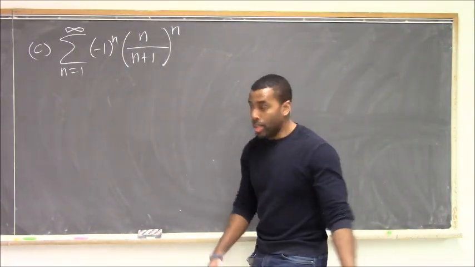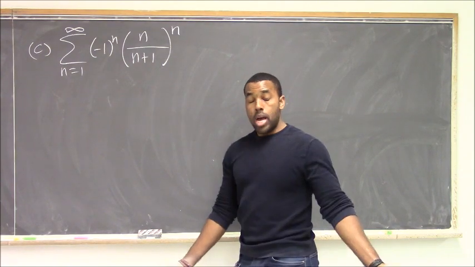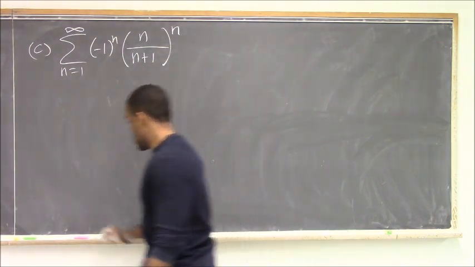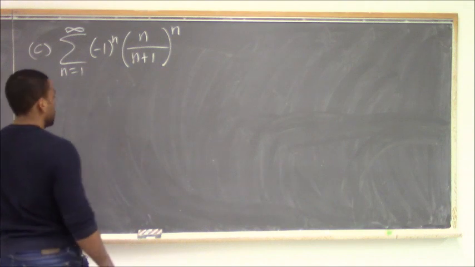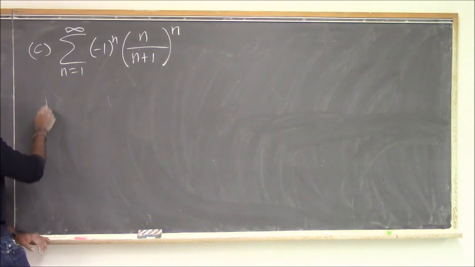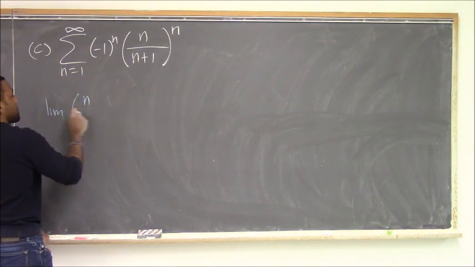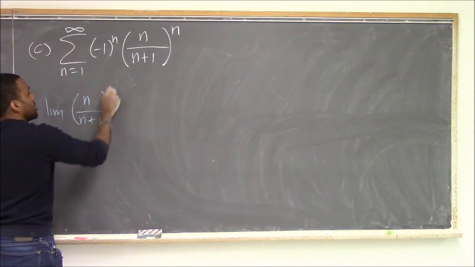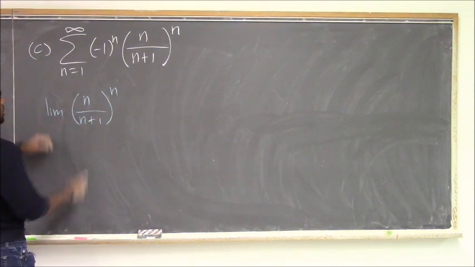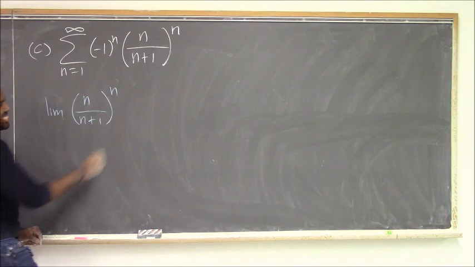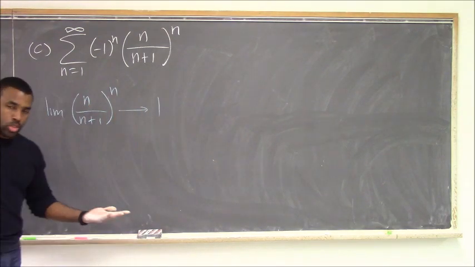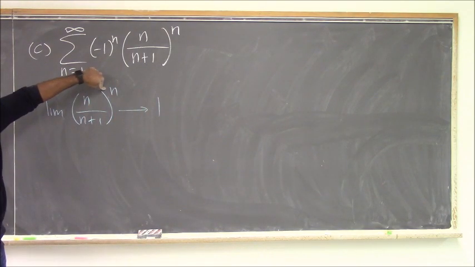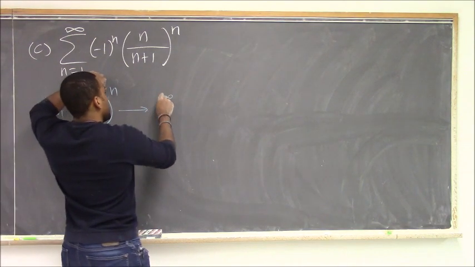All right, so, again, I would look at the test for divergence here. What's going to happen here? So, let's look at this limit. Now, at face value, look at what's happening inside the parentheses. It is approaching 1. You should be aware of that. The n is approaching infinity, so this is 1 to the infinity.